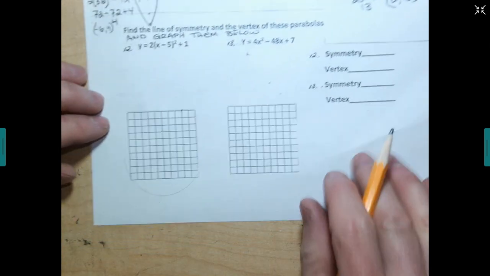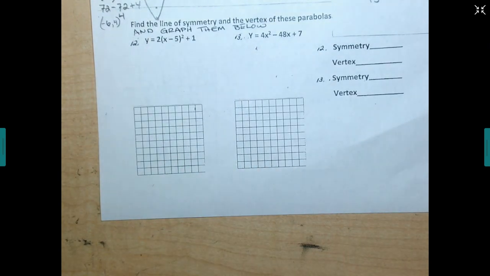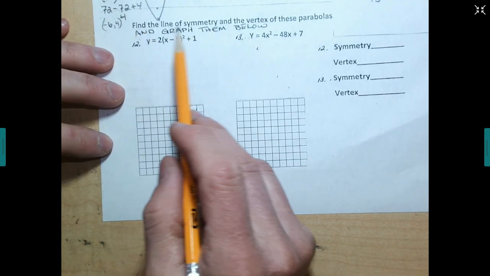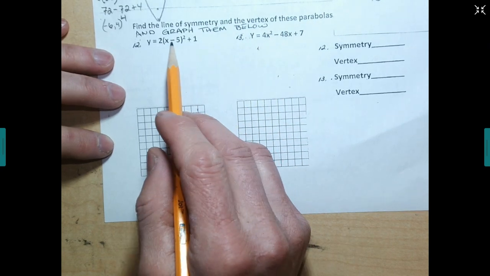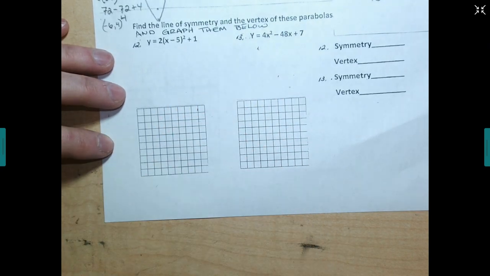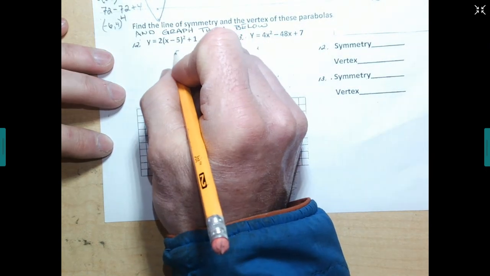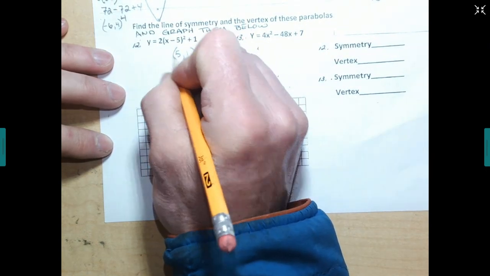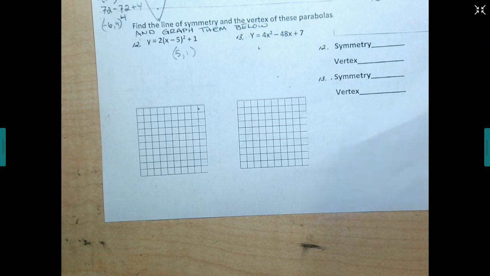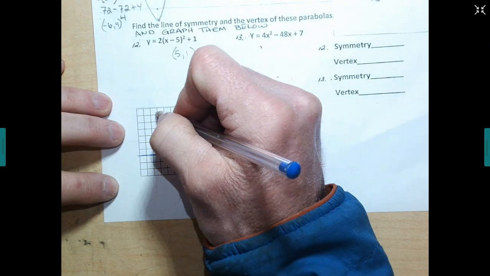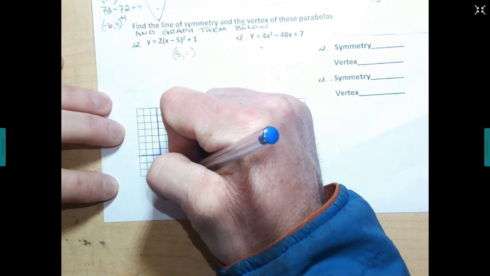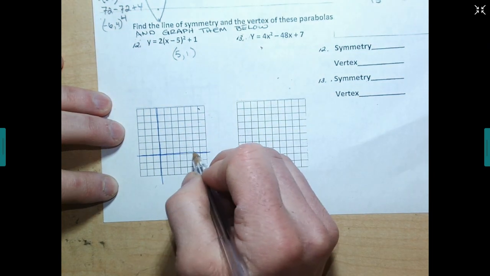All right. Last 2. Here we go. Find the line of symmetry and the vertex of these parabolas. So our line of symmetry, we are going to be at 5, 1 is our vertex. So 1, 2, 3, 4, 5, 1.